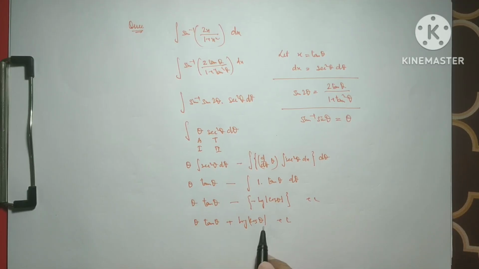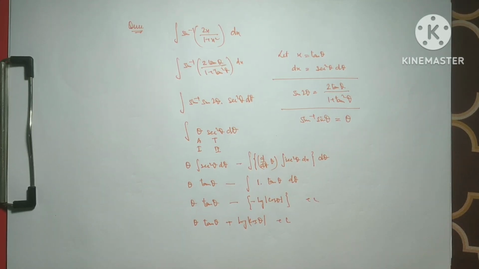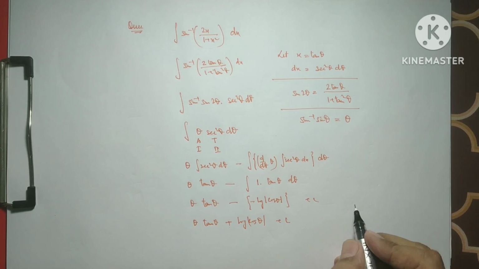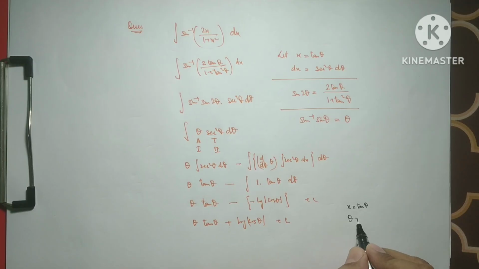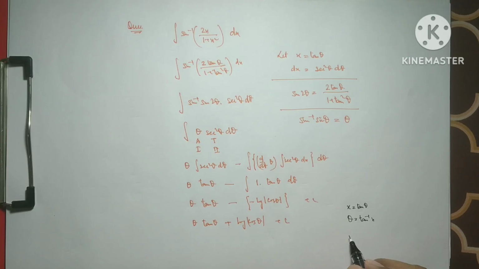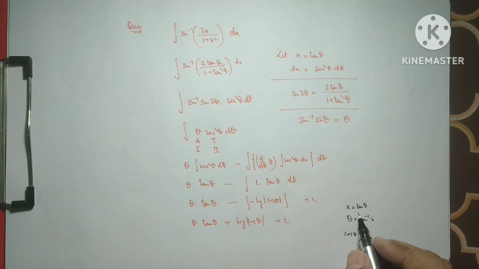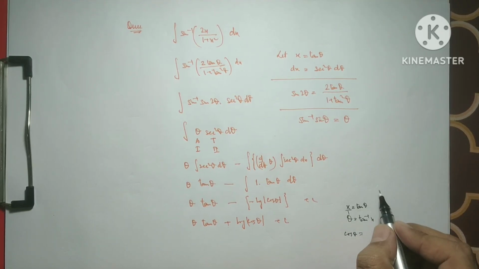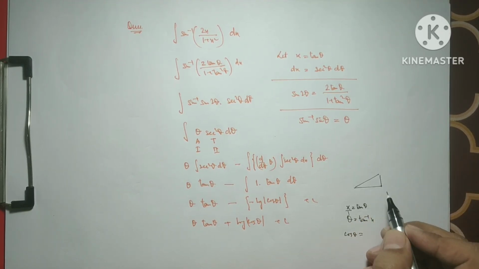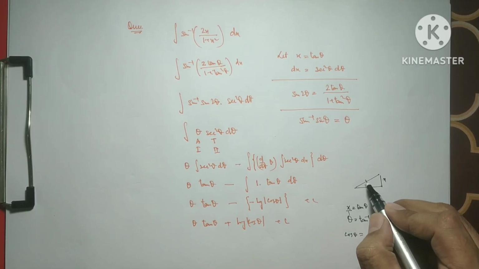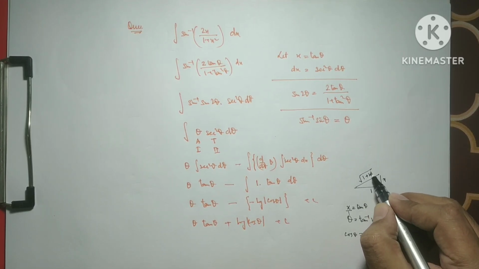Now we replace these values in terms of x using these substitutions. So we have x equals tan theta, so theta is tan inverse x, and cos theta, according to this, if we make a triangle of tan theta, so it is perpendicular over base, so the hypotenuse becomes under root 1 plus x square.